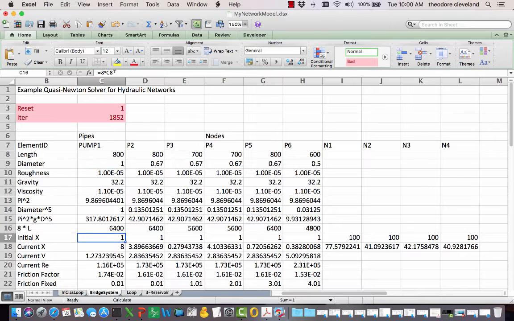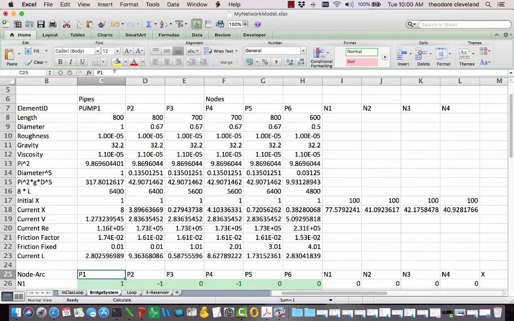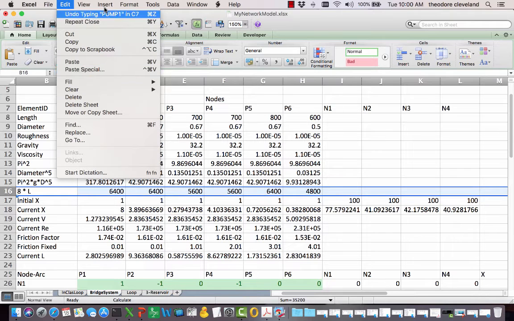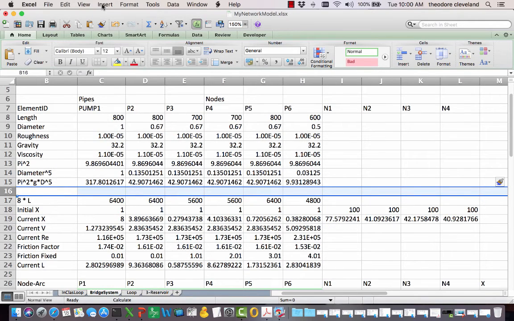And we don't really need much of that material there, but we do need to have the, let's see, let's put some rows in right here. We need the shutoff head.